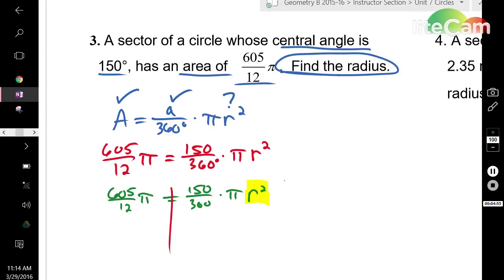So 150 over 360, 150 is in the numerator, it's going to be in the denominator now. Same with pi, also in the numerator, going to be in the denominator. 360, it's in the denominator, now it's going to be in the numerator. And what this does is it all cancels out to 1, which is why we use it, because it isolates r squared.